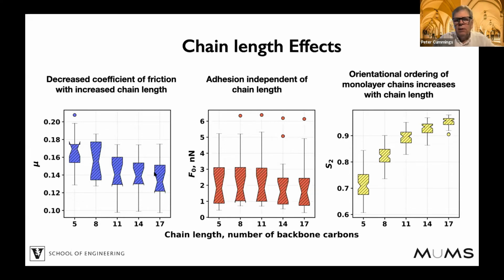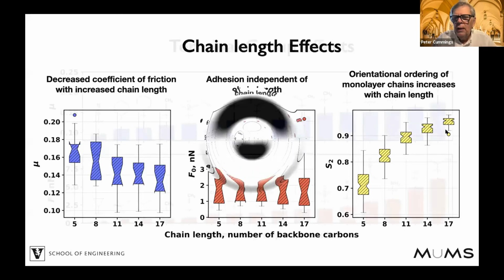So these gross results, which summarize all of the simulations, suggest that the longer chain lengths are going to give the lowest coefficient of friction. For the adhesion force, it's largely independent of chain length. And the orientational ordering within the monolayer increases as the chain length increases.